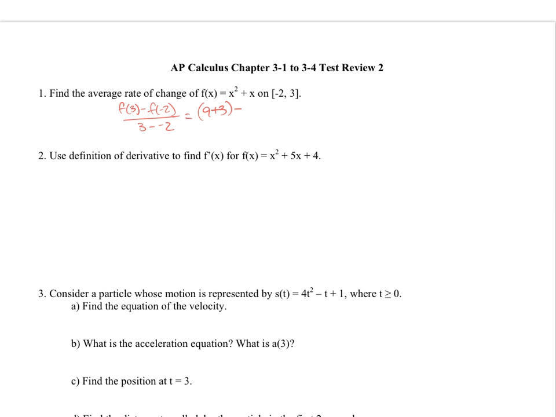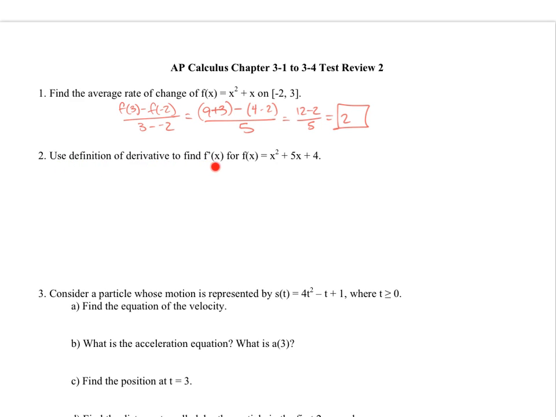Minus, when I put in negative 2, I'm going to get 4 minus the 2, all over 5. And this reduces down to 12 minus 2 over 5, which is 10 over 5, which is 2. Now this doesn't have units, we're just finding an average rate of change, so we will just keep it as 2.